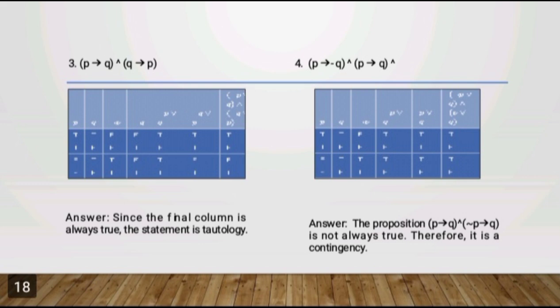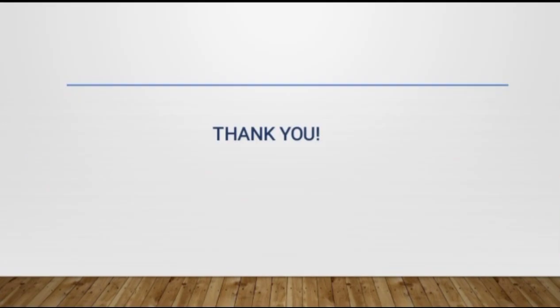Open parenthesis P implies Q close parenthesis conjunction open parenthesis P conjunction Q close parenthesis: true, false, true, false. Answer. The proposition is not always true. Therefore, it is a contingency.